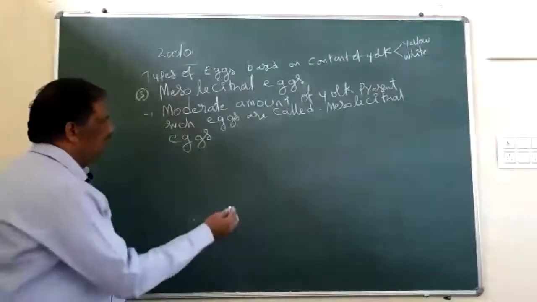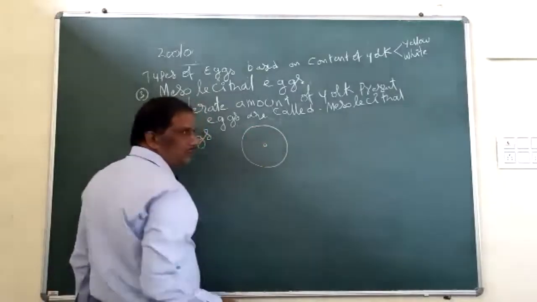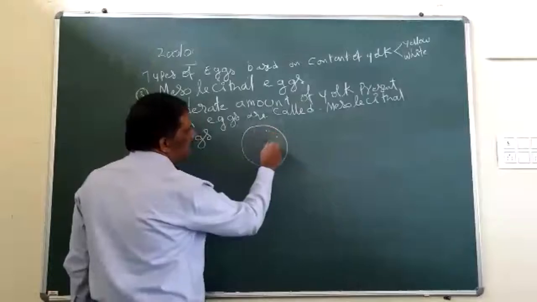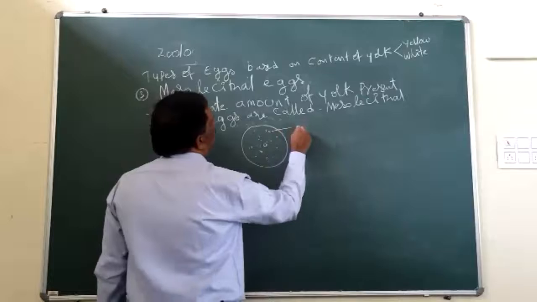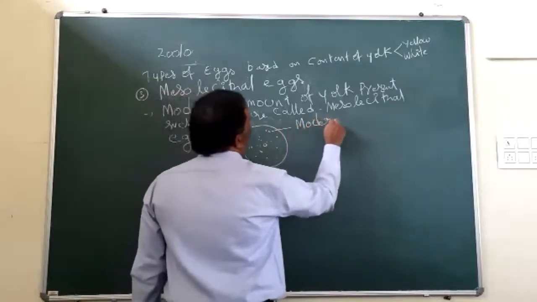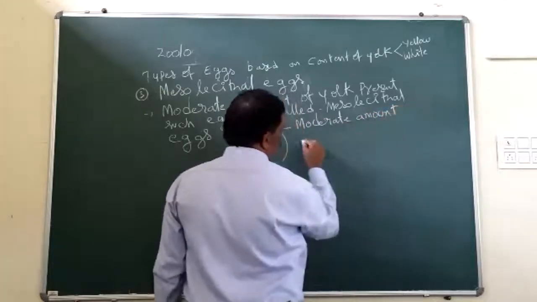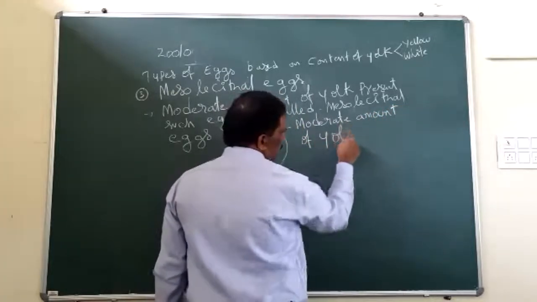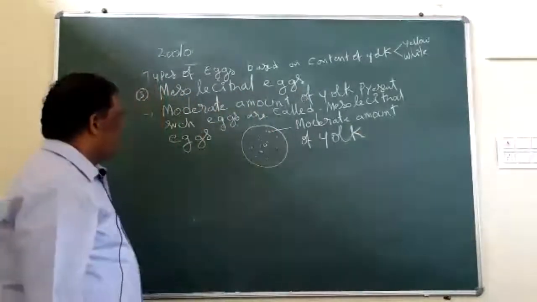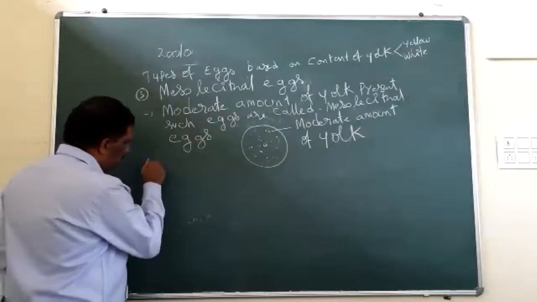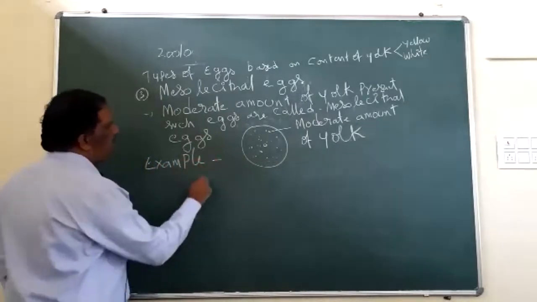Next, say you can take the egg. This is the egg, the central point. This is a moderate amount of yolk. Examples of mesolecithal eggs: amphibians.